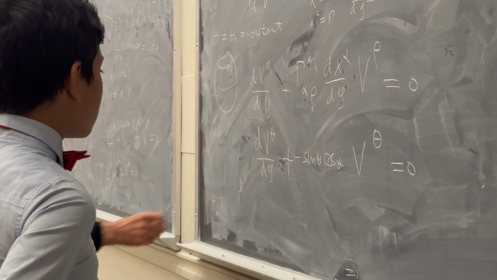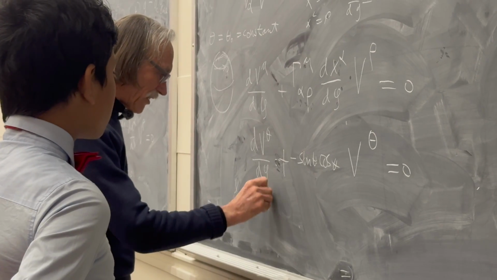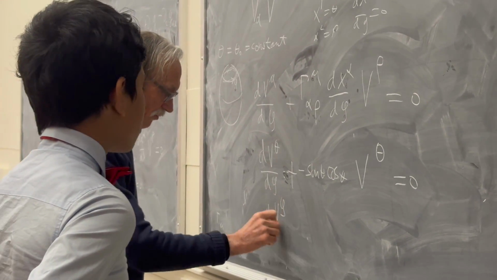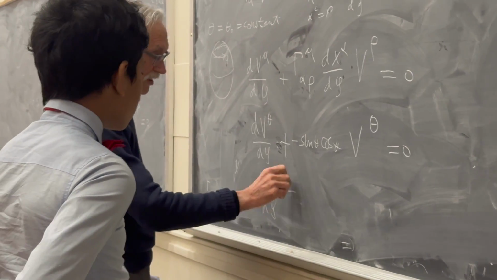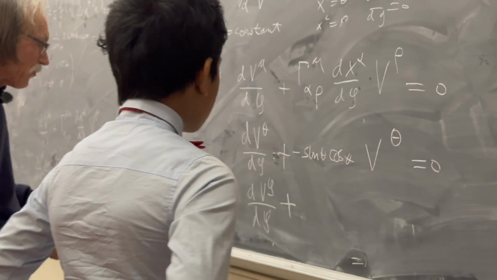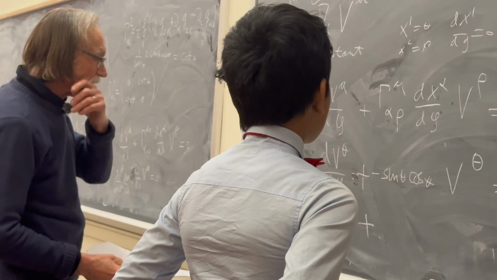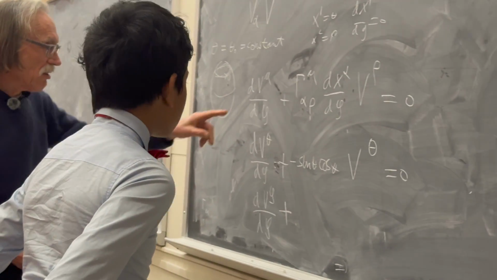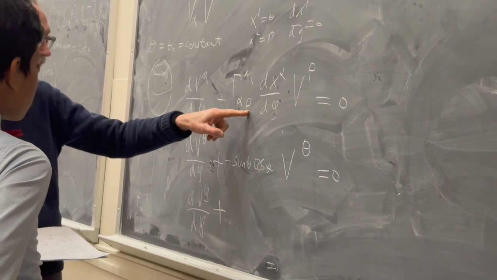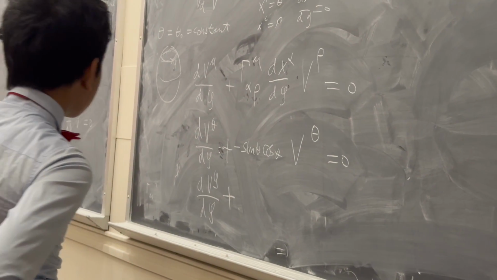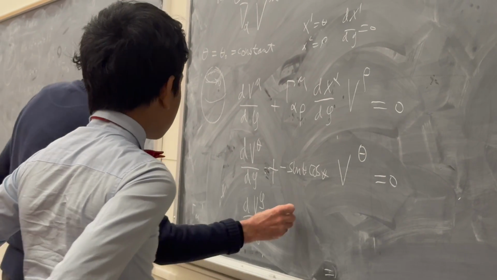And then for the phi component, we get dv phi d phi plus, if you look at the phi component, then the non-zero ones are the 1, 2 and the 2, 1 matrix elements. They were both equal to cotangent of theta.